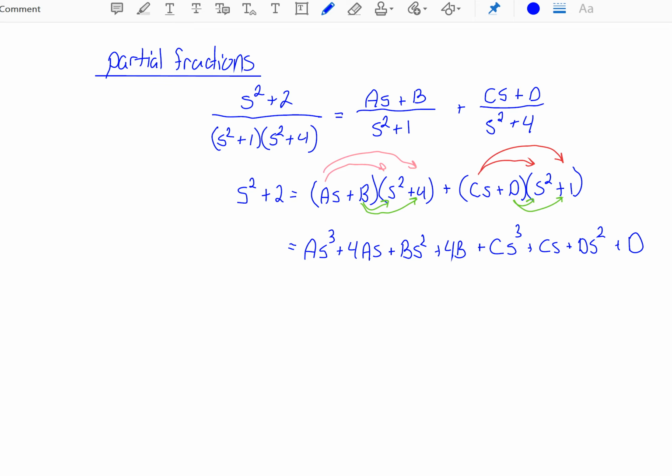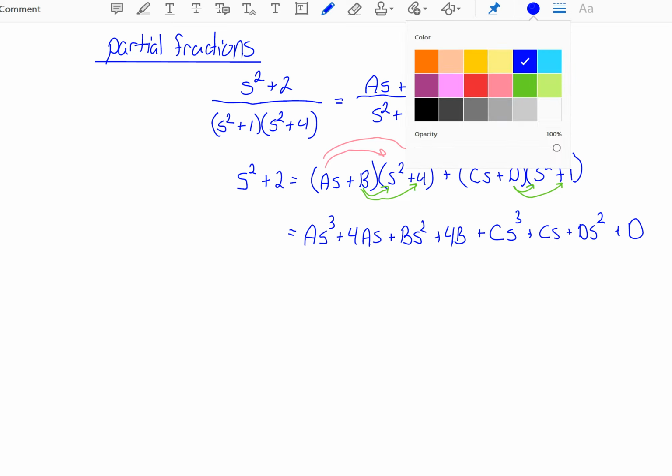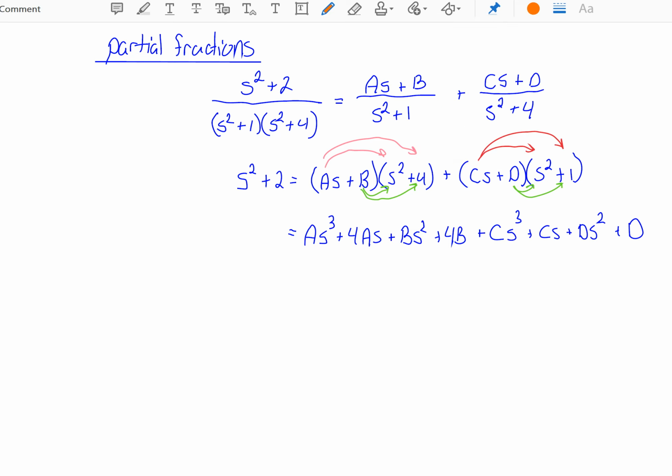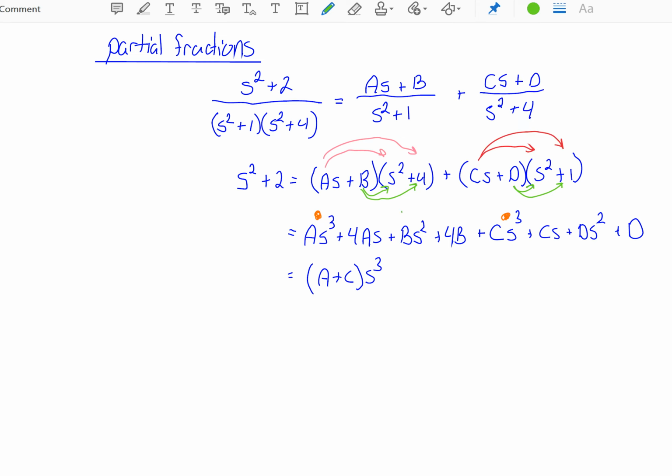And now what we would like to do is rewrite the right hand side by combining similar terms together. So first, the terms that contain an s cubed, these two. Let's regroup these and factor out the common factor of s cubed. This will give us a plus c times s cubed. And now let's get the terms that have an s squared, so these two, and then we'll regroup them and factor out the common factor of s squared.